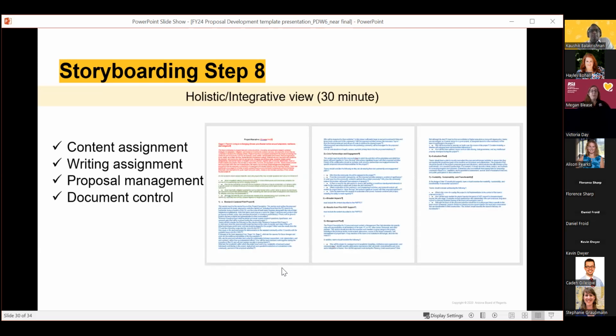All right, then once you've done all of those steps, we recommend coming to this step after it's been a little while. Maybe you did those all and you come back fresh in the morning or after lunch, and you want to get ready to prepare all of the items that you have. These are the shell documents that we saw before, and you want to make sure that the ideas you have from your storyboarding line up with it. You'll assign who will write what area, who's going to be in charge of the project narrative.